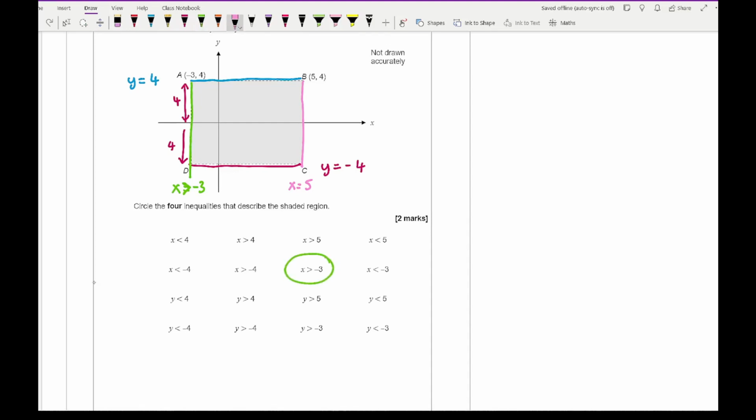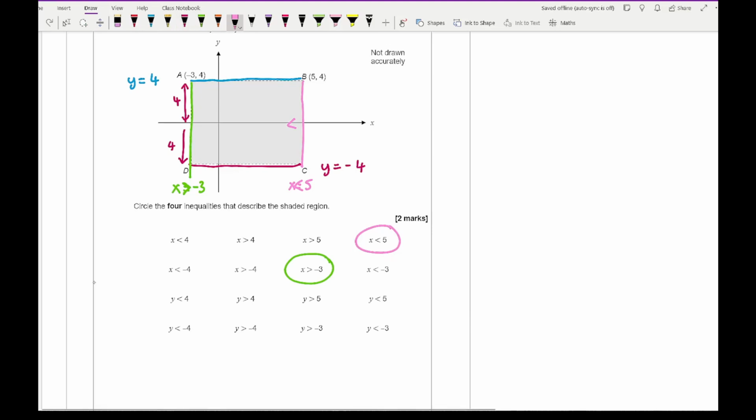On the pink line, it's to the left, so I'm looking to replace that symbol with the left one. Now all of these lines are dotted, so I'm not looking for less than or equal to, not that that's an option. So for that one, not this one there, I've circled the wrong one. It's going to be x is less than 5, which is this first one here.